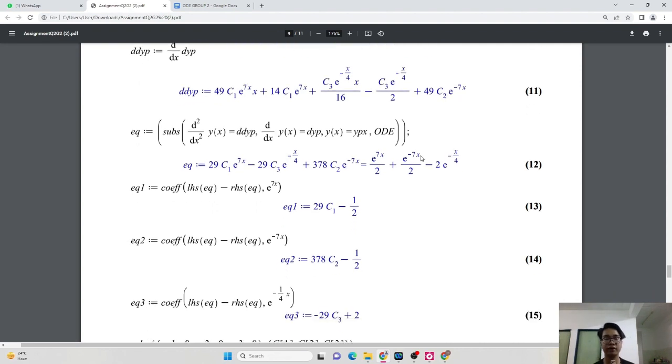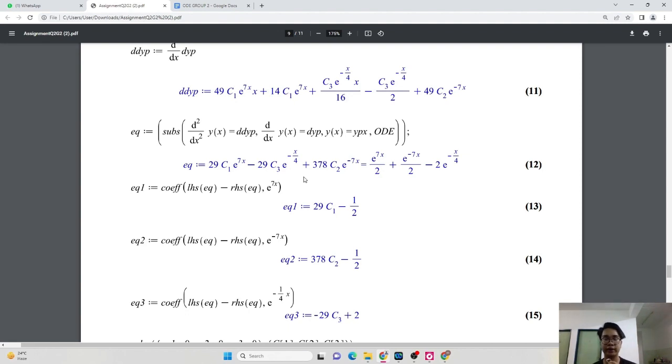And the 12th step is eq equal to bracket subs equal to bracket d over d power of 2 over dx power of 2 yx equal to d dyp d over dx yx equal to dyp yx equal to ypx ODE bracket.